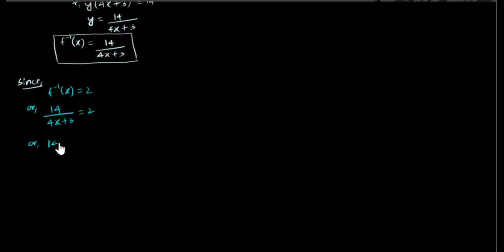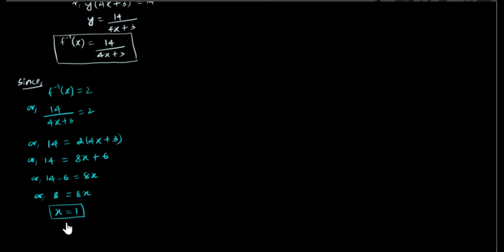Simplify it further: 14 equals 2 times (4x plus 3), so 14 equals 8x plus 6. 14 minus 6 equals 8x. 14 minus 6 is 8. 8 equals 8x, and you will get the value of x as 1. Therefore the required value of x is 1.